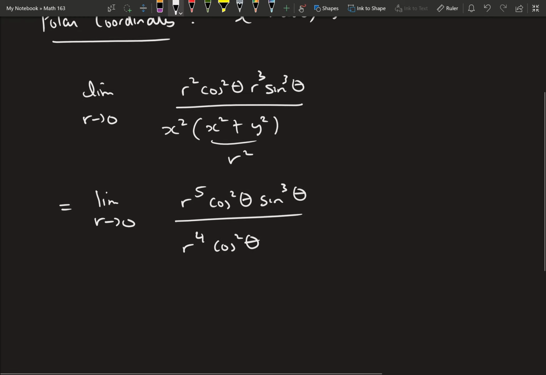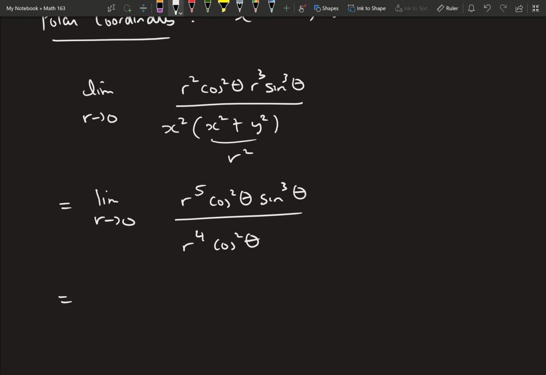And so we're left here with the limit as r goes to 0 of r sine cubed theta.